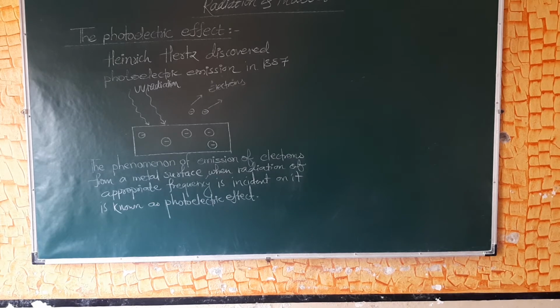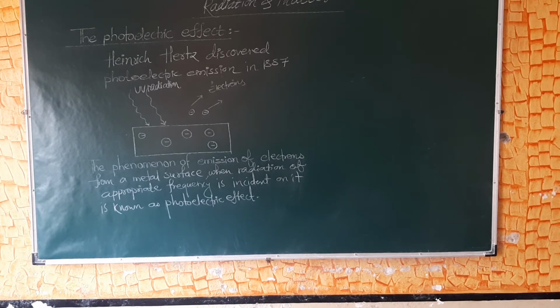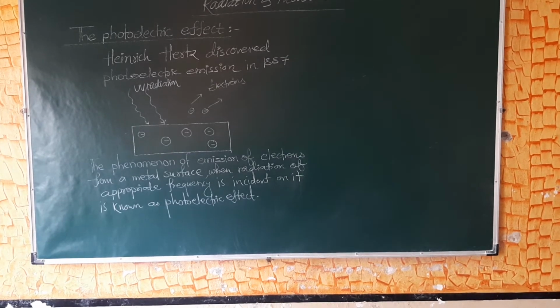An electrical potential difference is generated in a semiconductor using solar energy. Okay.